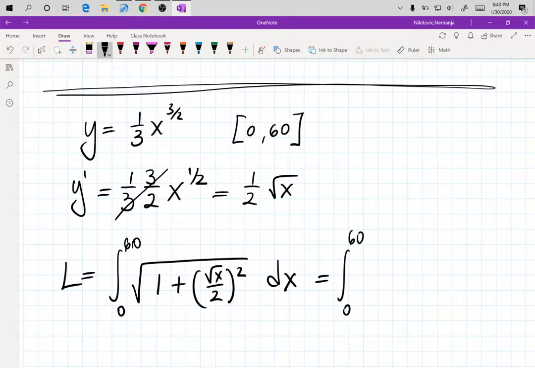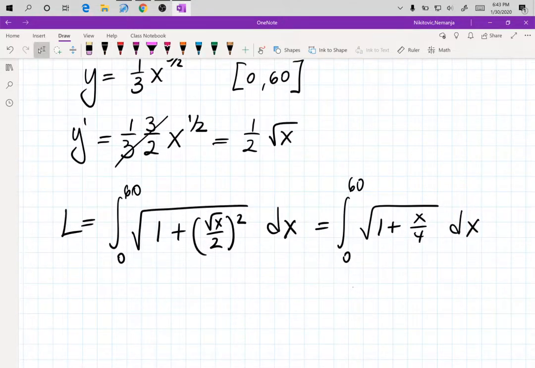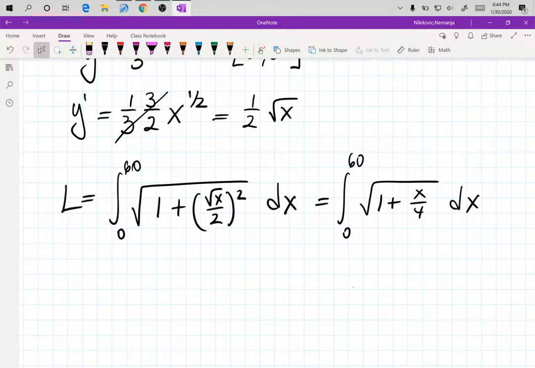Integral 0 to 60, and then you have the square root of 1 plus, the square root will be killed by the square, so you have x over 4, dx. Now, how do we integrate this?